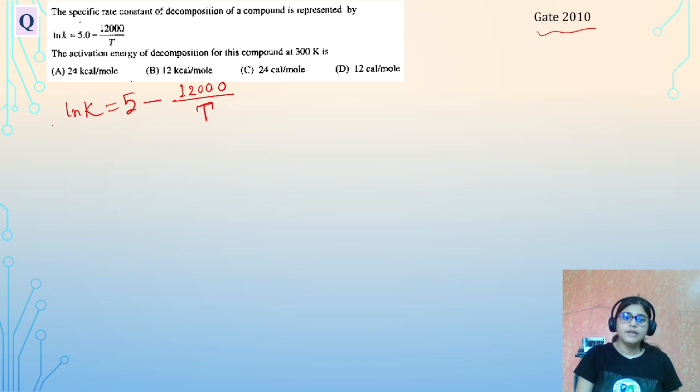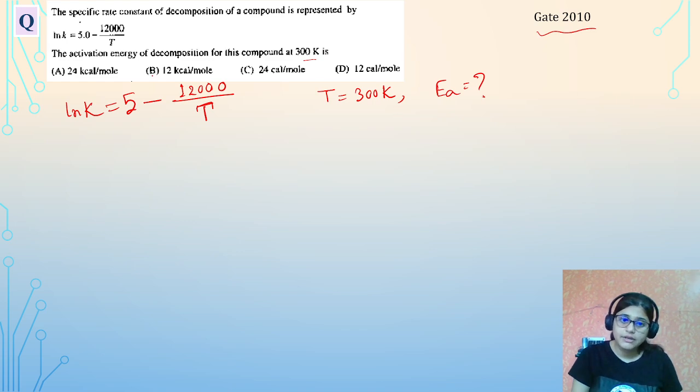The activation energy of decomposition for this compound at 300 K. So T is given 300 K and activation energy is asked. Okay. In kilocalorie or calorie, both are given. Okay. So in calorie, let's say calorie. Fine. So this is actually given.